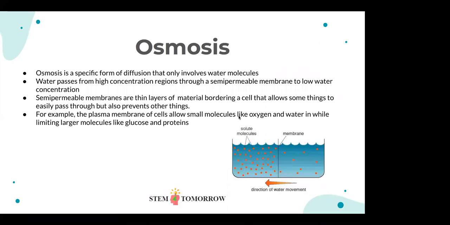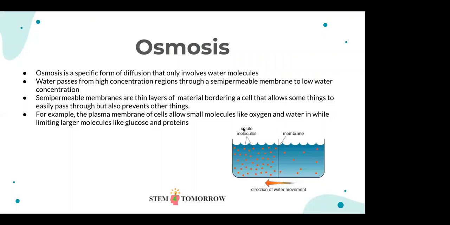The third type of passive movement would be osmosis. Osmosis is a specific form of diffusion in that it only involves water molecules. So water passes from high concentration regions through a semi-permeable membrane to low water concentration. The semi-permeable membranes are thin layers of material bordering a cell that allow some things to easily pass through, but also prevent other things.